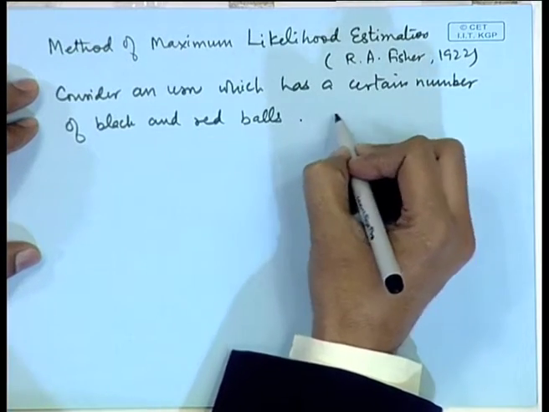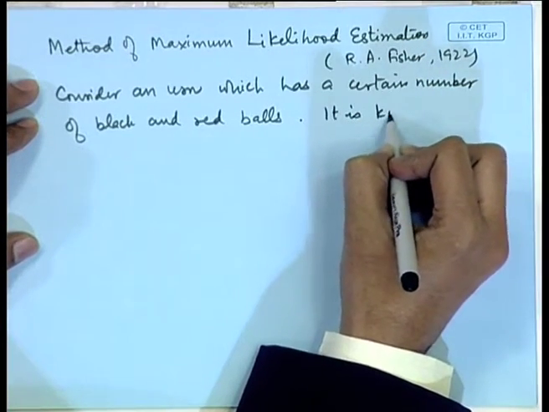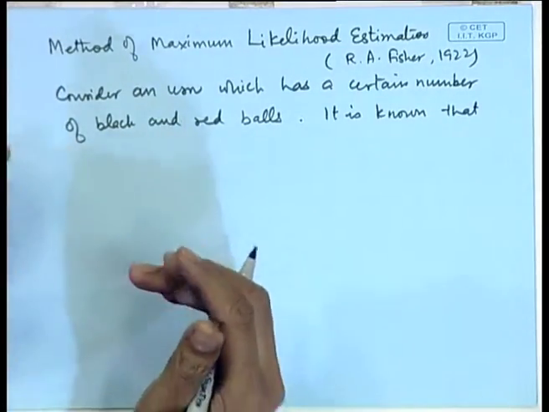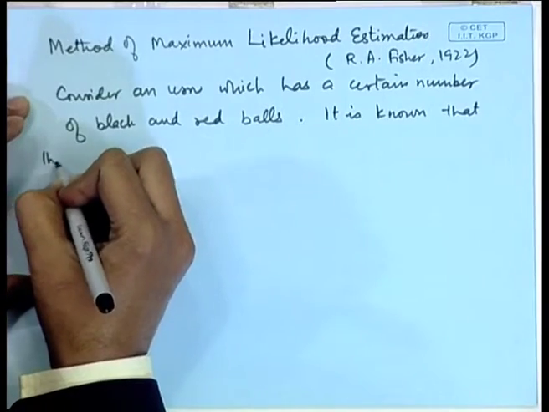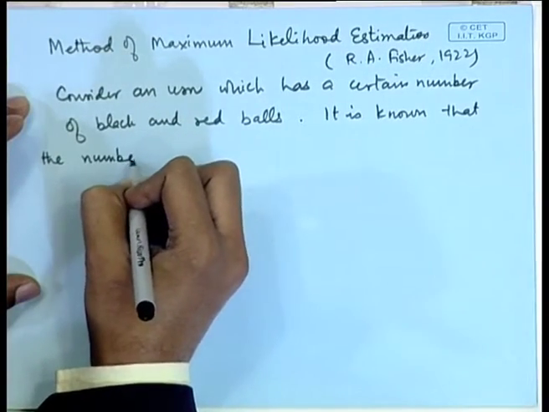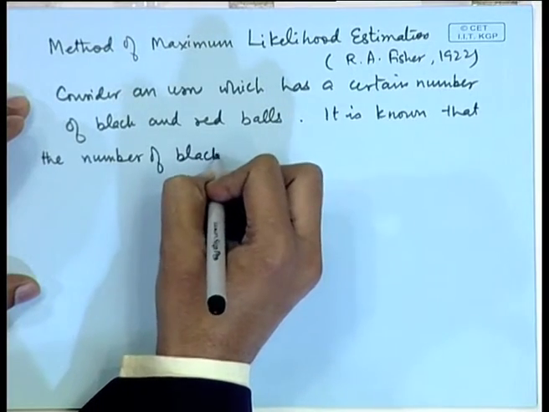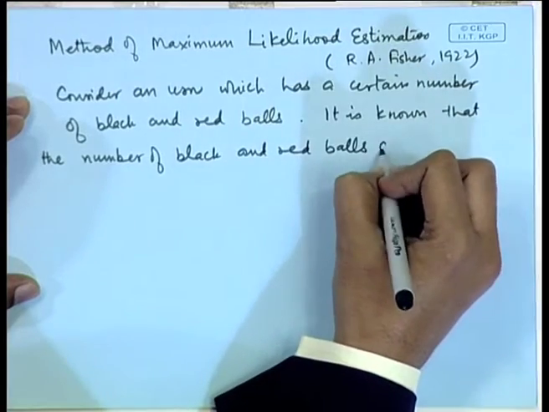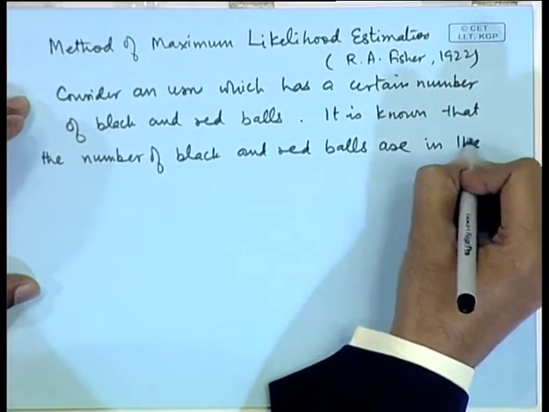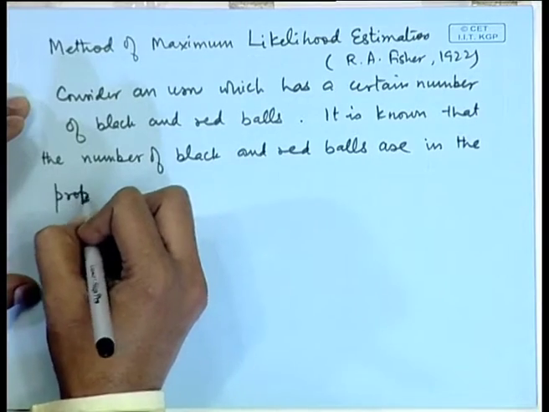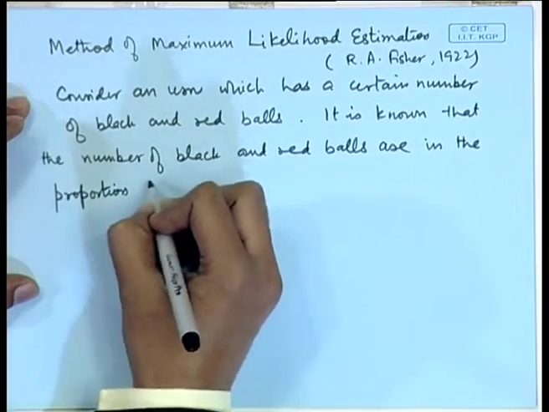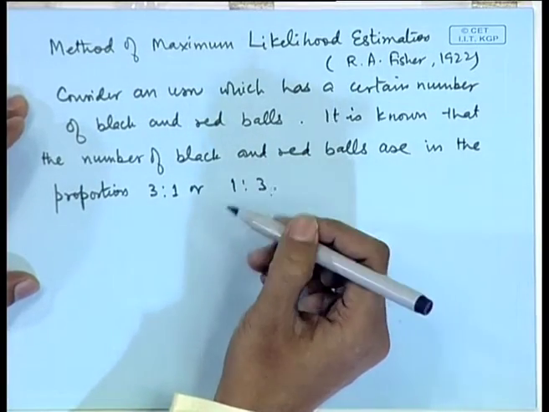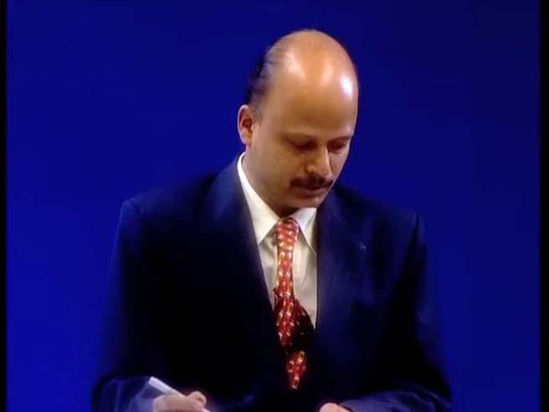It is known that the number of black and red balls are in the proportion either 3:1 or 1:3. That means we do not know which are more numerous.